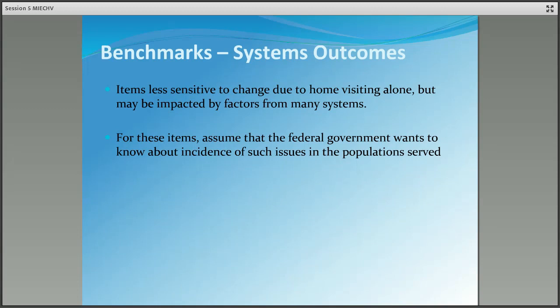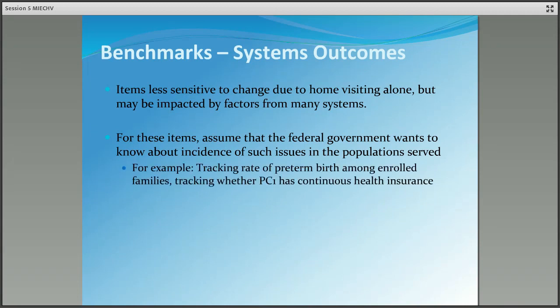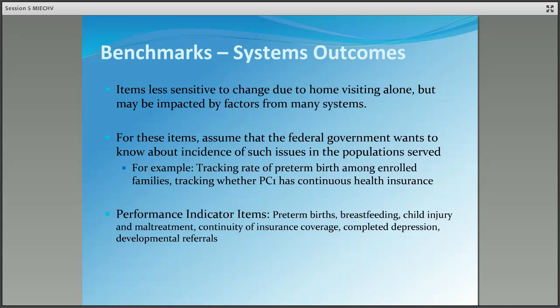Similarly, programs do not have all that much control over whether families maintain continuous health insurance or not. However, programs do have more influence over whether these items are answered or left blank. So remember to collect full information from your participants and enter it to the MIS.